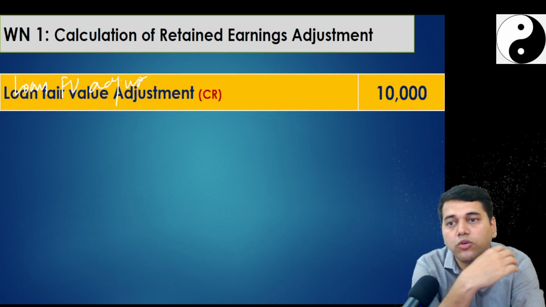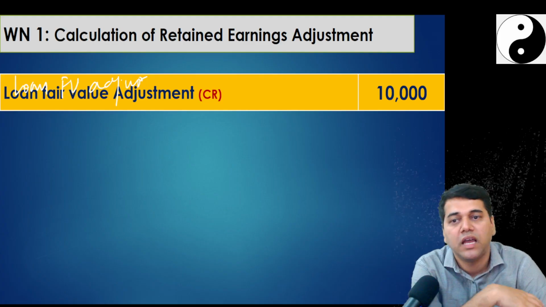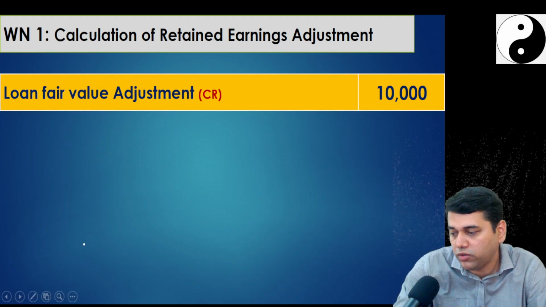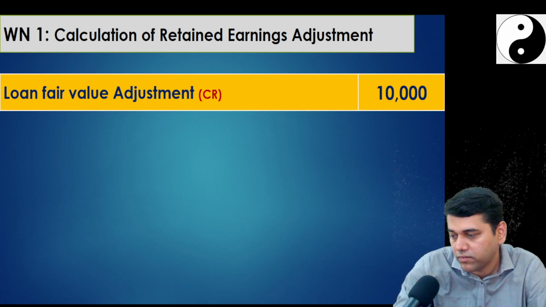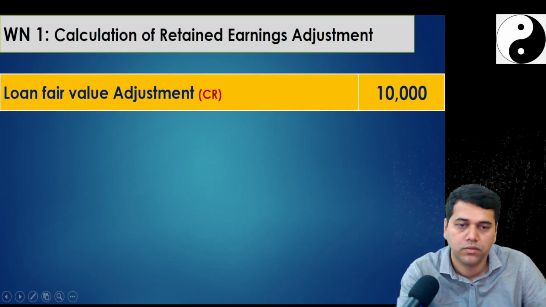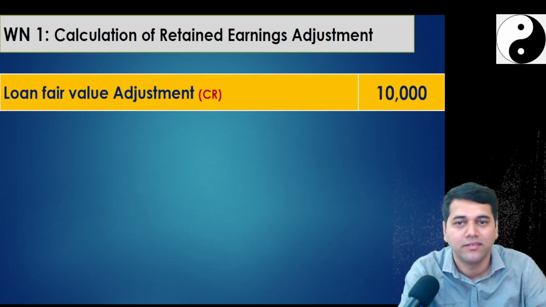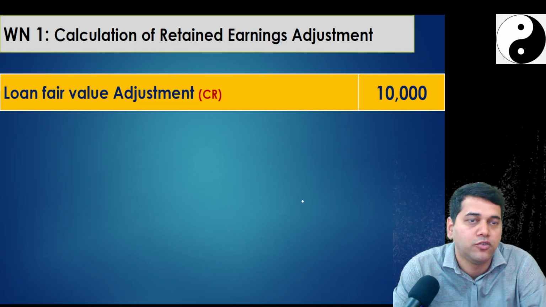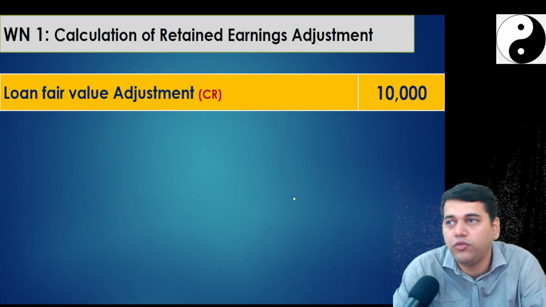For example, if I go to loan fair value adjustment, am I going to add or deduct? What was your loan note? See, it is a loan given, right? Loan given is a financial asset. So its previous value was 40. Now you want to increase it to 50.